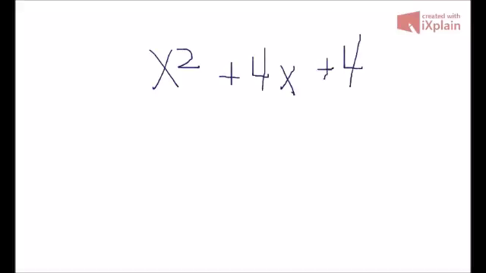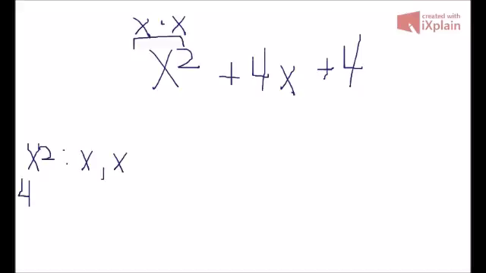Let's look at a harder one. X squared plus 4x plus 4. Now, let's try factoring. X squared, you get an x and an x, because there's two x's. This would look like this, x times x.